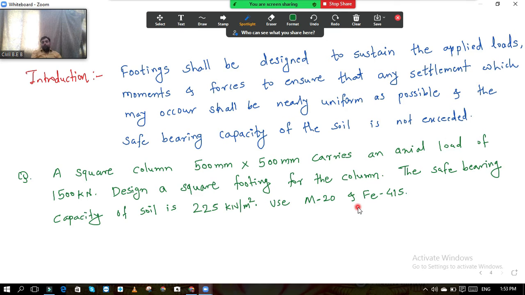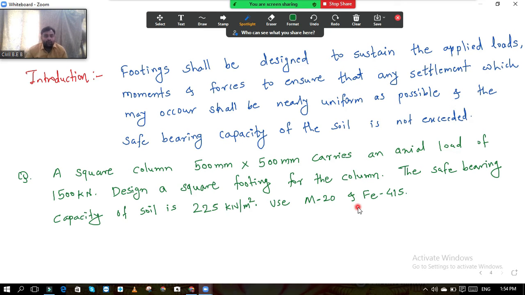But right now we have not decided the dimensions of the footing, and we don't know them. So what we will do? We will consider the self weight of the footing as 10% of the load coming from the column. This is our assumption. Whatever may be the load, 10% of that load.